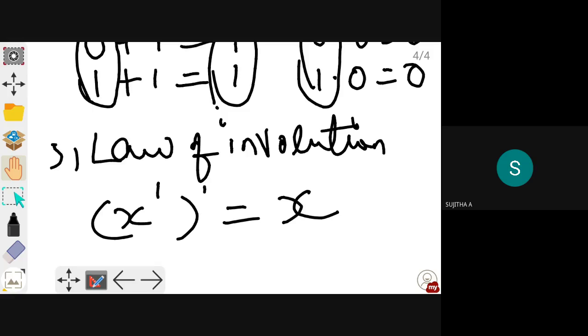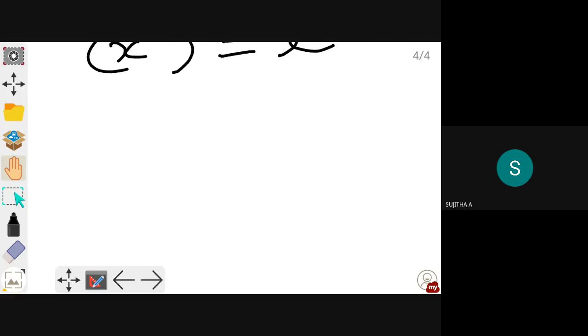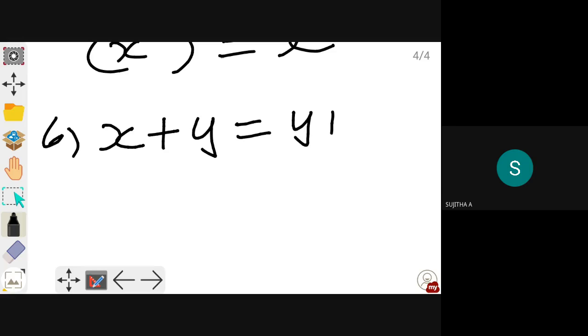And the next one will be the commutative law. You would have studied the commutative law in maths. What is the commutative law? x plus y is equal to y plus x, and x into y is equal to y into x. Then the next law is the associative law.